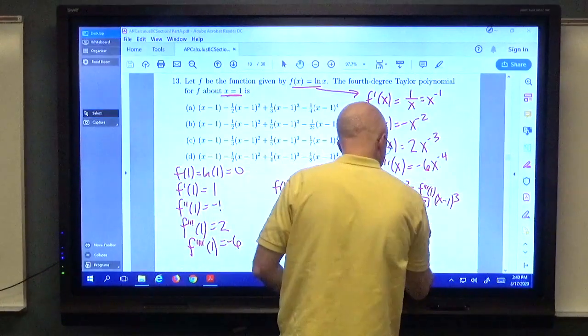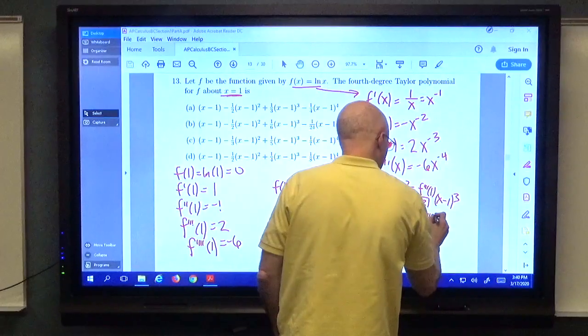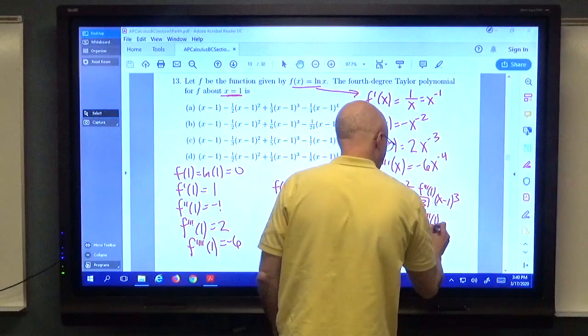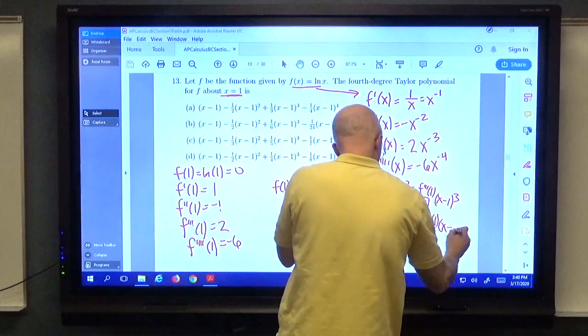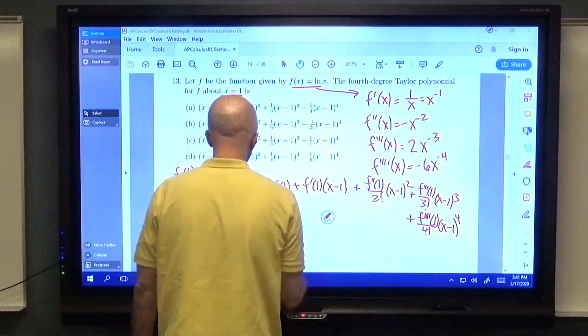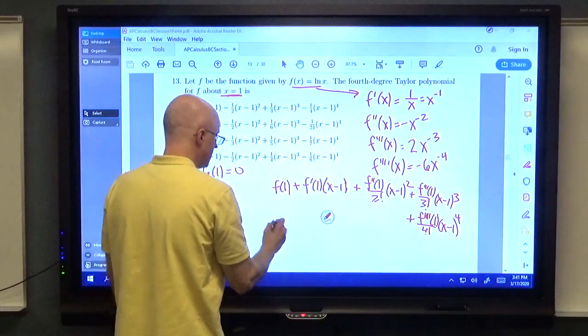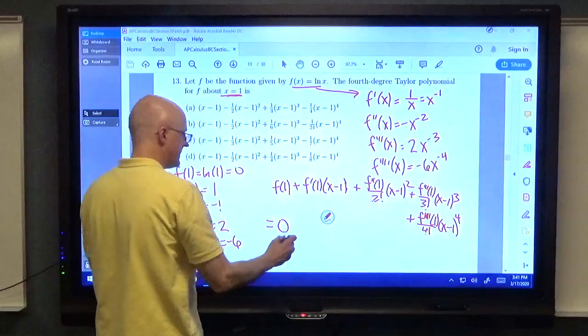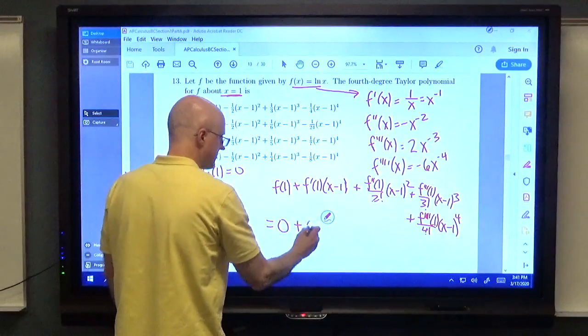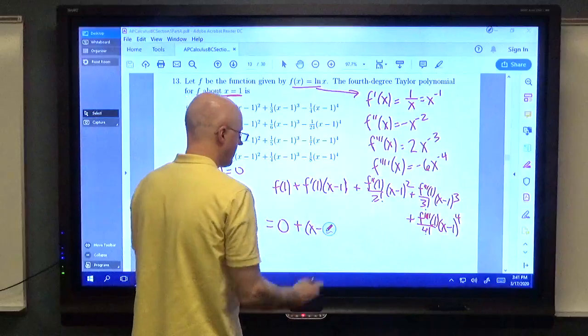Finally, plus f quadruple prime of 1 divided by 4 factorial times (x minus 1) to the 4th power. Plugging in the numbers, that one's 0, f prime of 1 is 1, so you get 1 times (x minus 1).